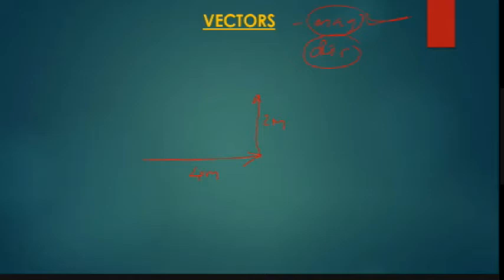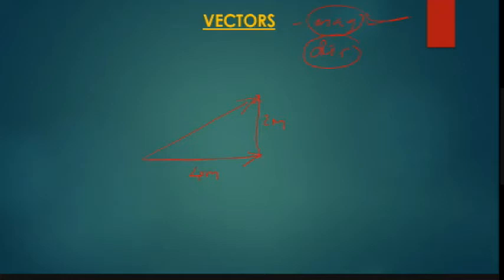What is my total displacement? You can see that the total displacement is not simply 4 plus 2. We have already seen this difference. The total displacement is here, and in order to find that we need another law. So vectors cannot be added just like constants. We need special laws for the addition of vectors.